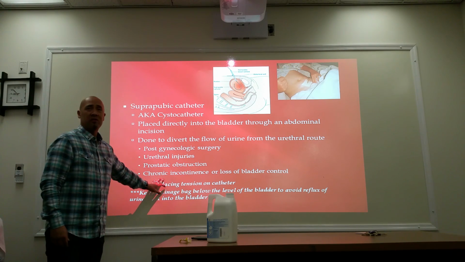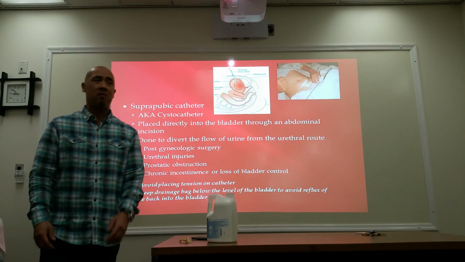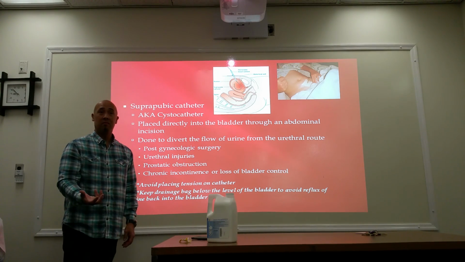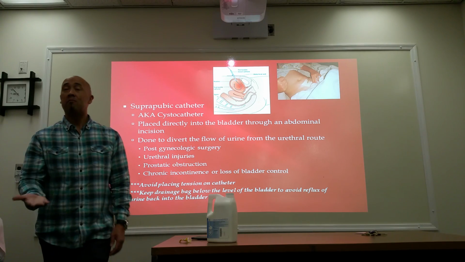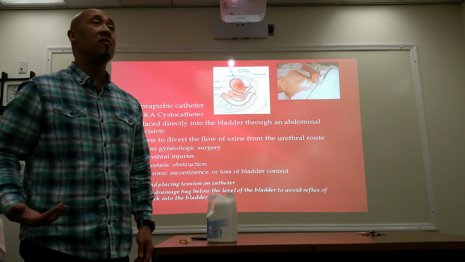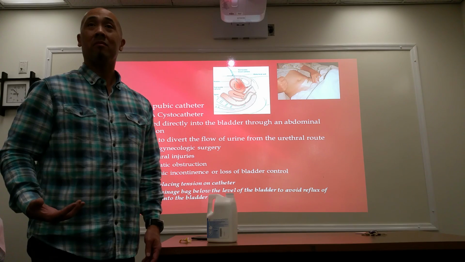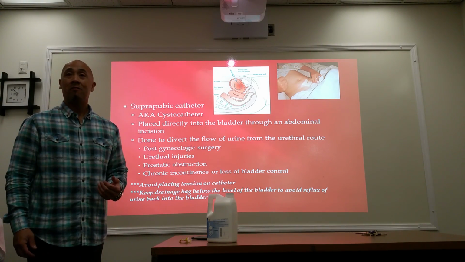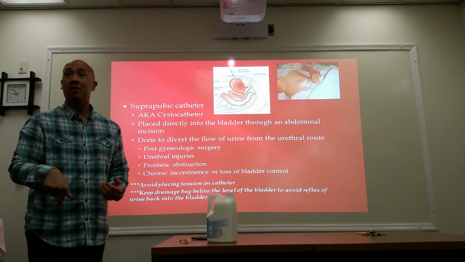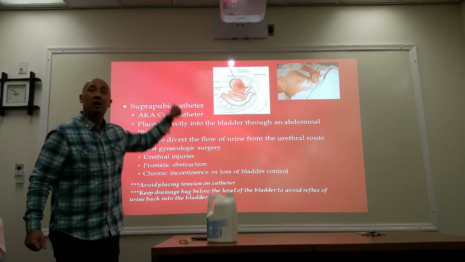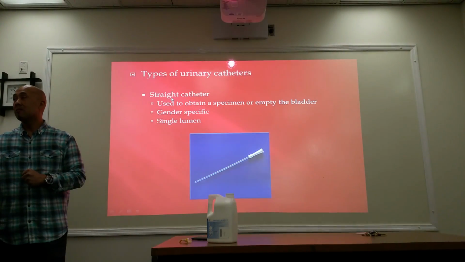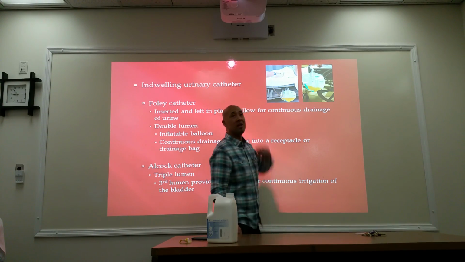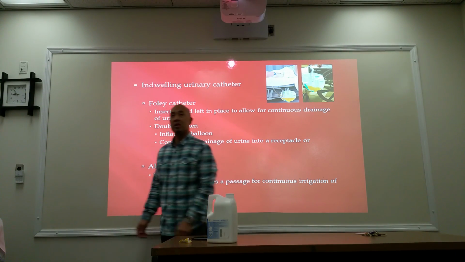Now, I have footnotes down here. Any of these catheters that we're talking about, if they are connected to a drainage bag or receptacle, that bag must be below the site of the tip of the catheter. In this case, the drainage bag must be below the bladder for it to drain. If this bag is higher than the bladder, where's the urine going to go?